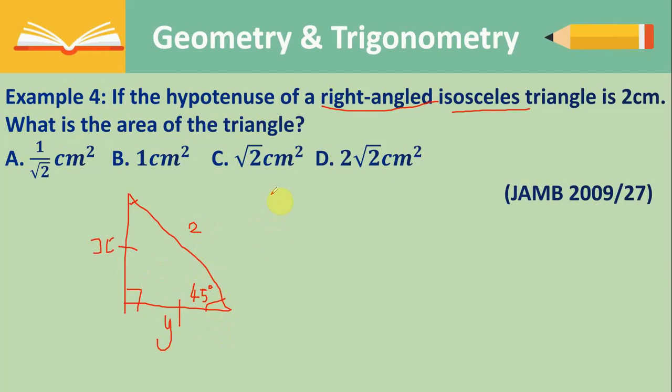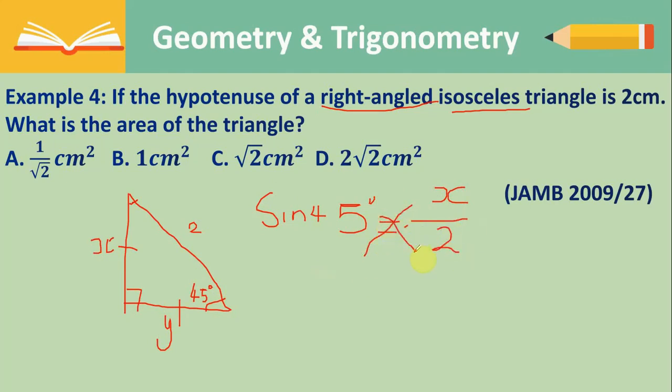So the sine of 45 degrees will be equal to the opposite, that is x over 2. Then how do I find my x?